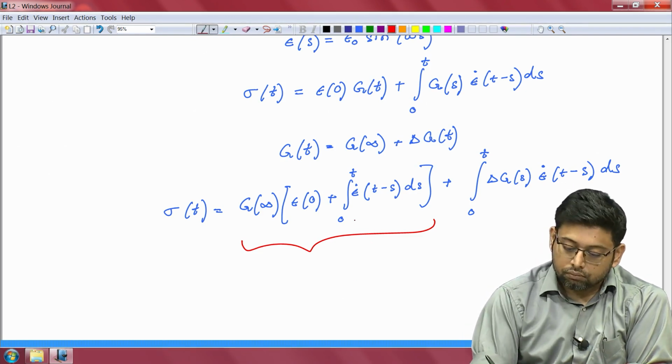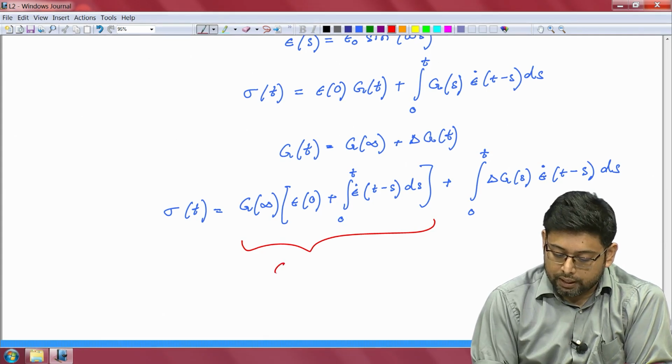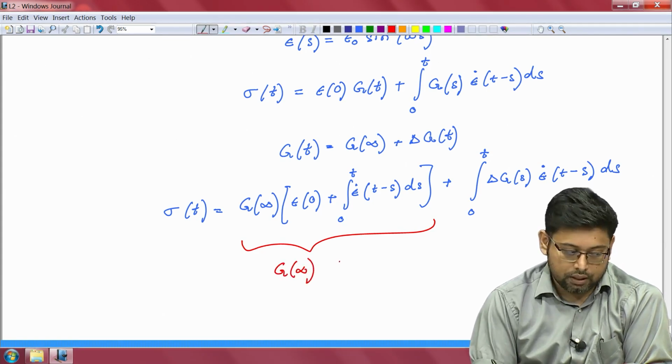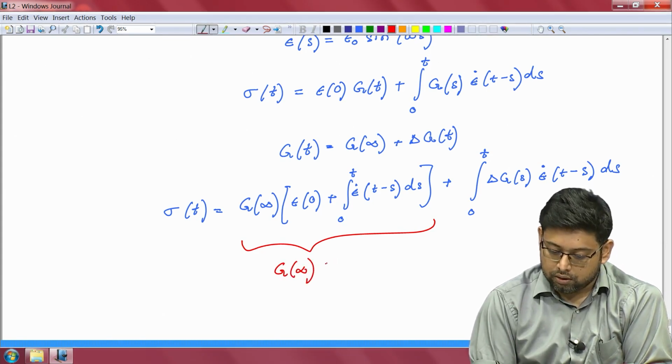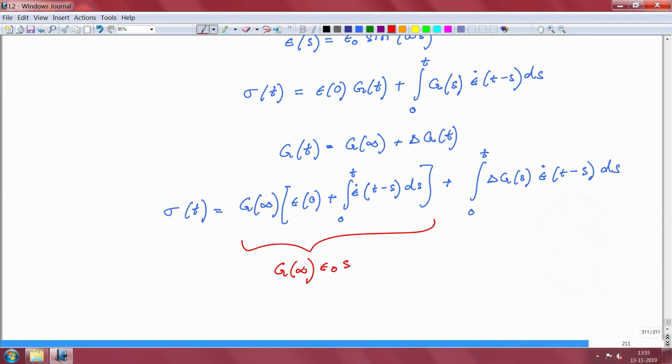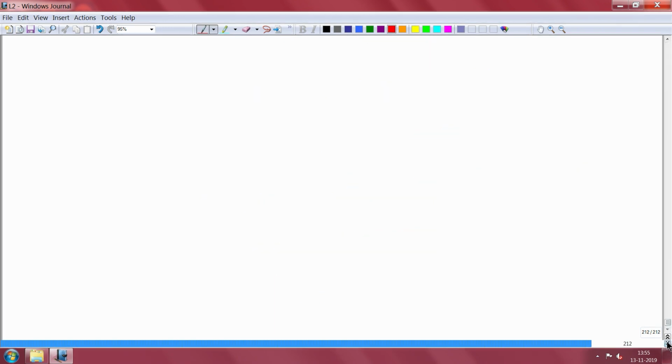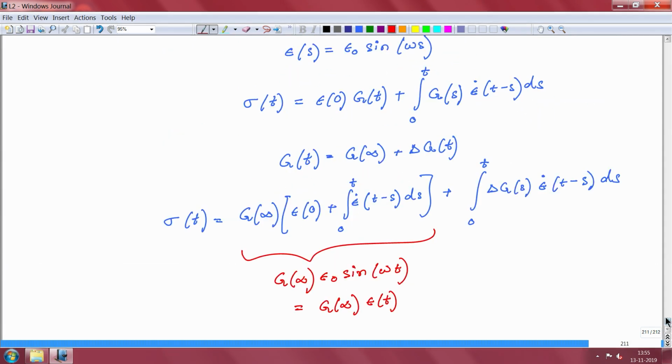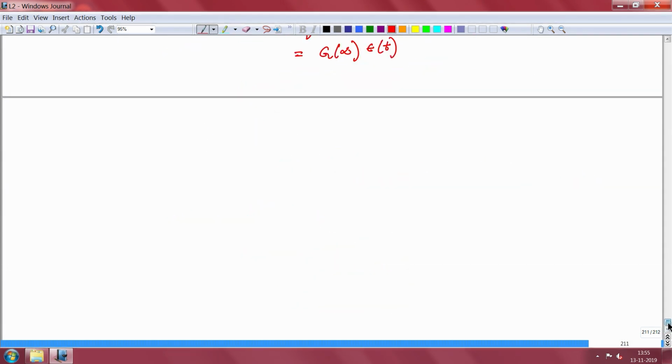So, this is actually going to lead you to the function, or basically you can write it in two forms. So, the first part actually simplifies for us.